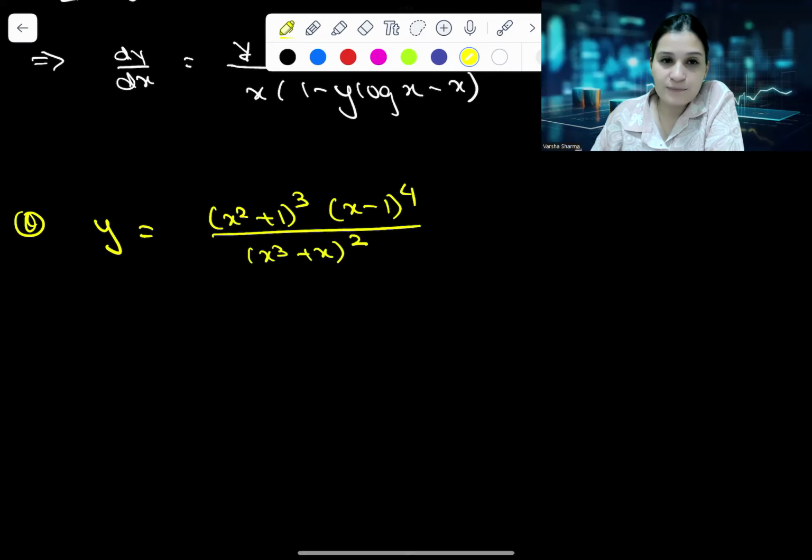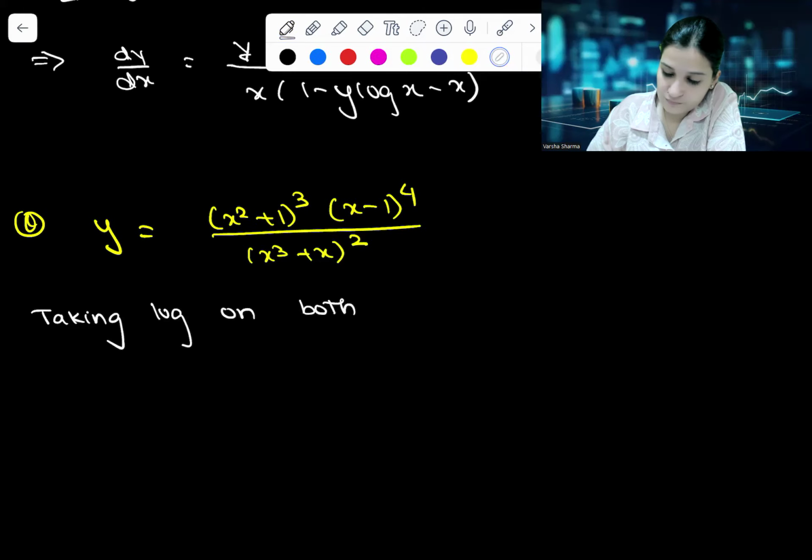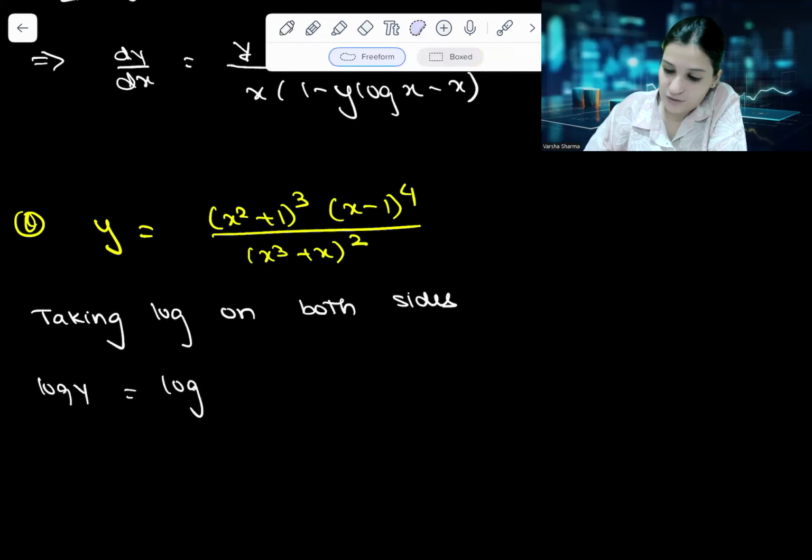When there are so many terms, here also you can use logarithm. So, taking log on both sides. Log y, log of the whole thing.